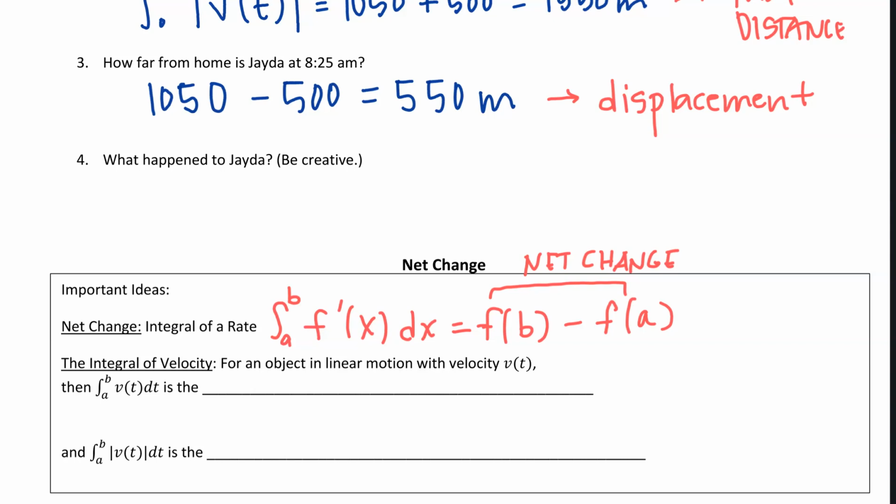So when we look at an integral of velocity, anytime we're looking at linear motion with velocity, the integral from a to b of that velocity function is called displacement on that interval from a to b.